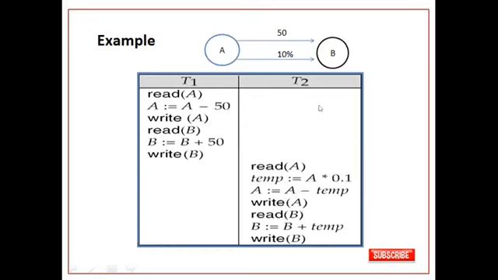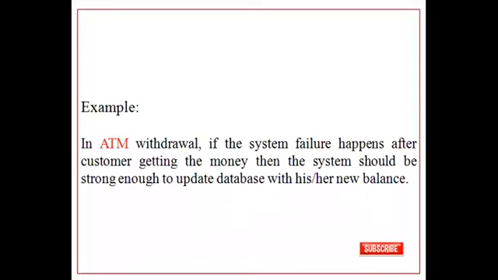The last property, durability. Example, in an ATM withdrawal, if a system failure happens after the customer gets the money, then the system should be strong enough to update the database with his or her new balance.